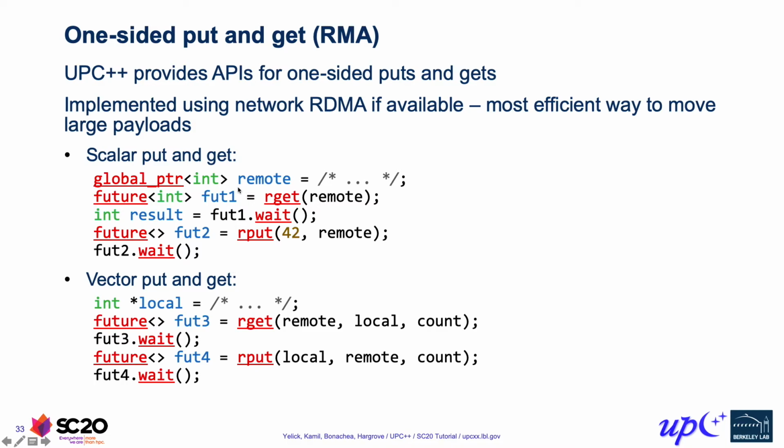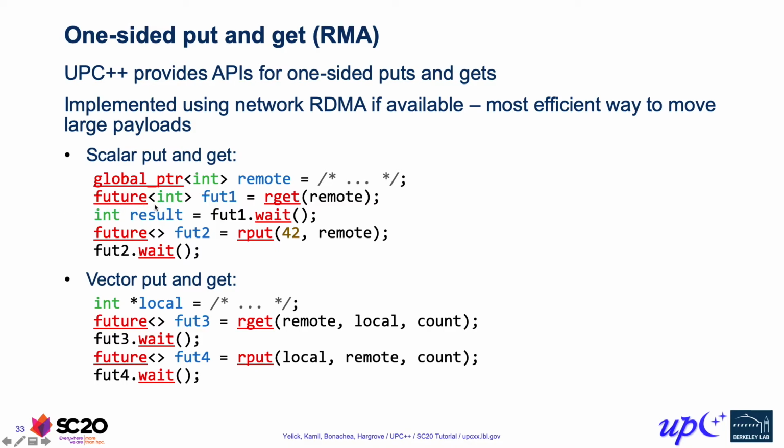Taking a look at the scalar version first, the rget takes as an argument a global pointer, and that global pointer may reference data on some other process. If we invoke rget on it, it initiates a one-sided get operation. And as with RPC, this is an asynchronous operation, so we don't wait for the data to get transferred before rget returns.